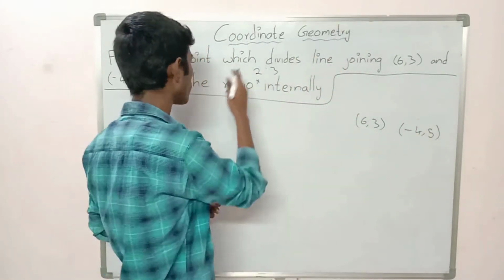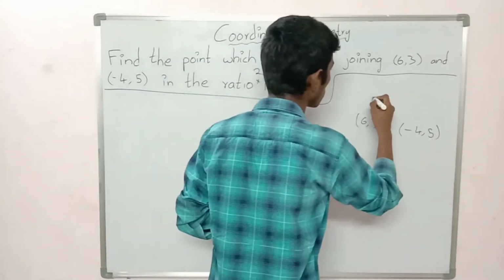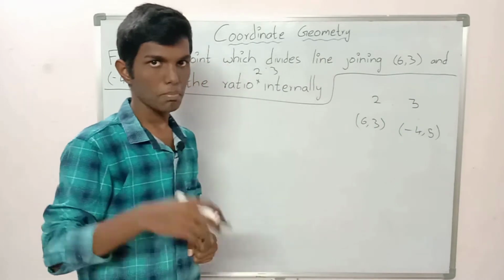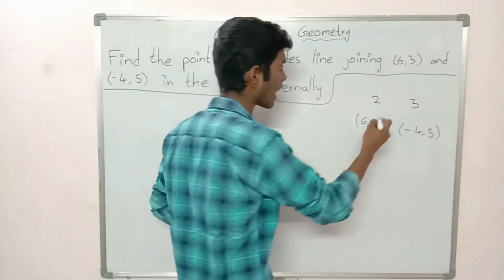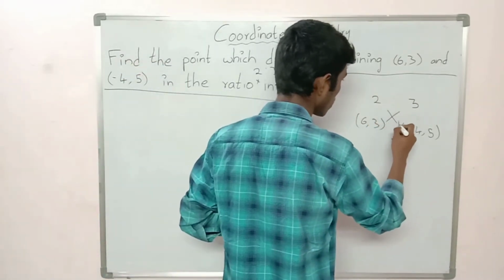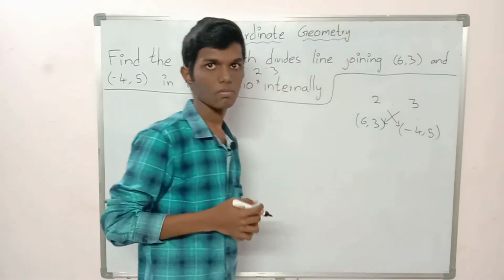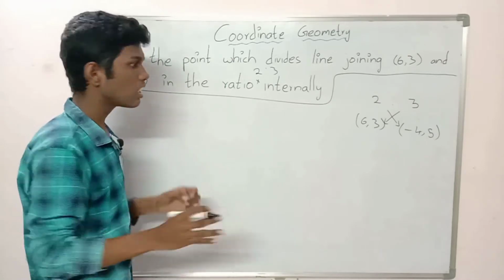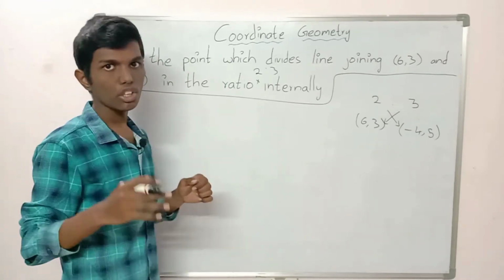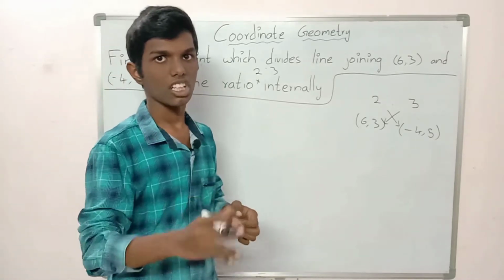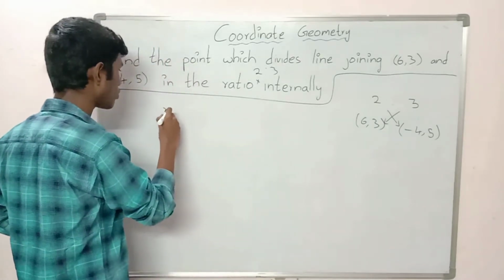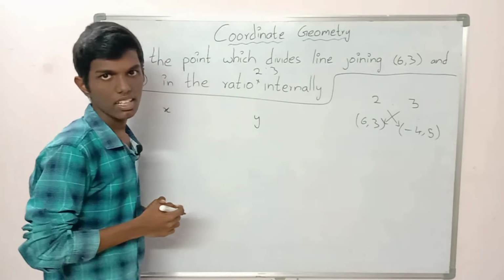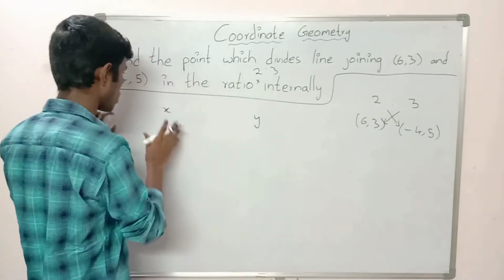Also write the ratio mentioned above, 2:3, and as the method name itself states, the X method, just write an X. And then the second step, here in this thing we are going to find the point in parts, which I mean we find the X coordinate and the Y coordinate separately.